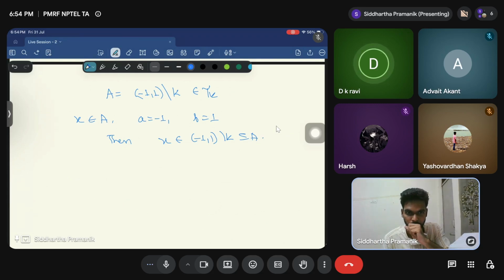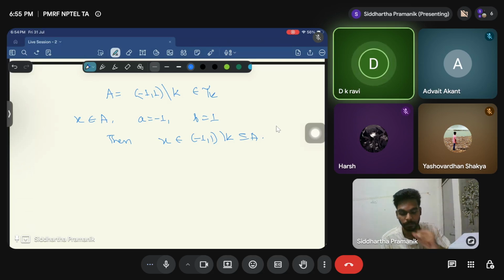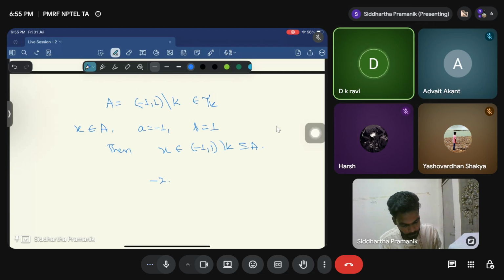So this is your definition exactly, and this is a subset of A. Yes, sir. In a similar fashion, what happens if in place of -1 I put -2 or -3, just one element?